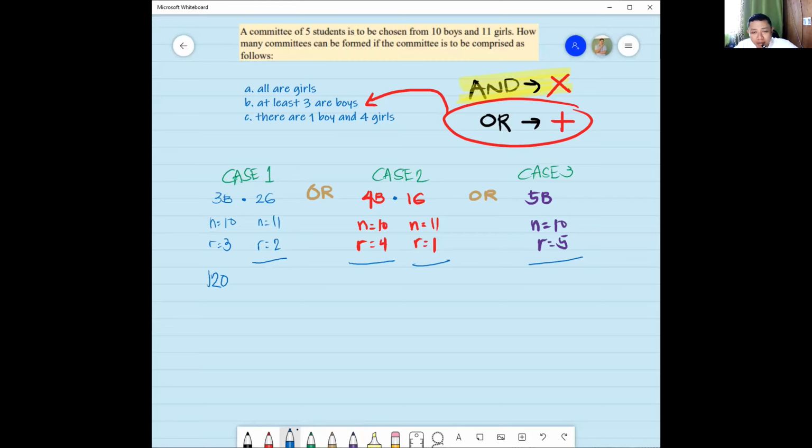Type your answers in the chat box once you're done. This will be very easy. Use your calculator. Go.